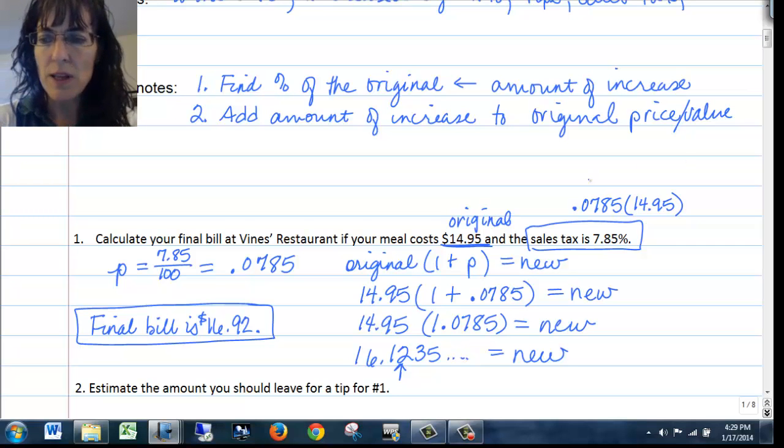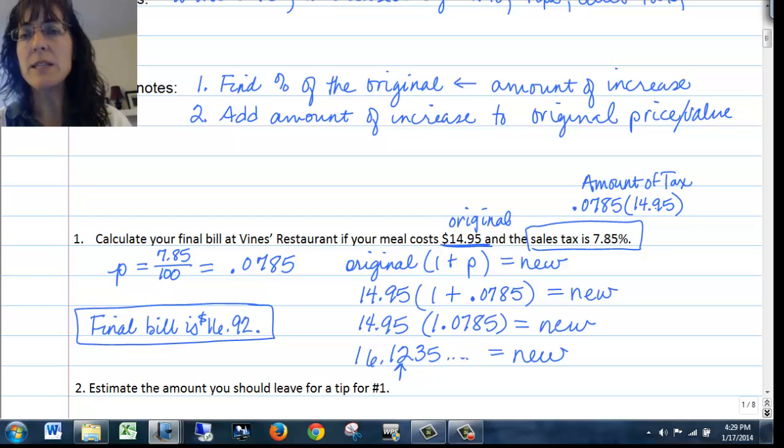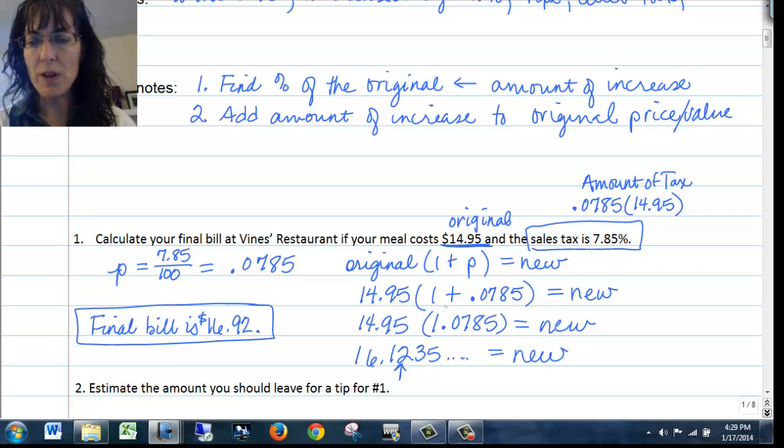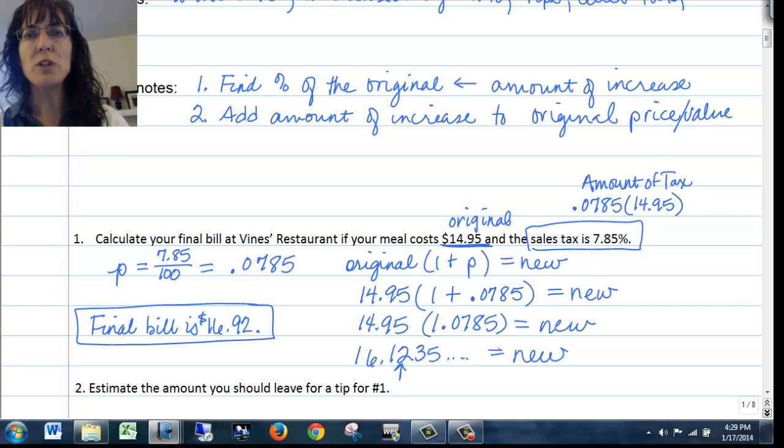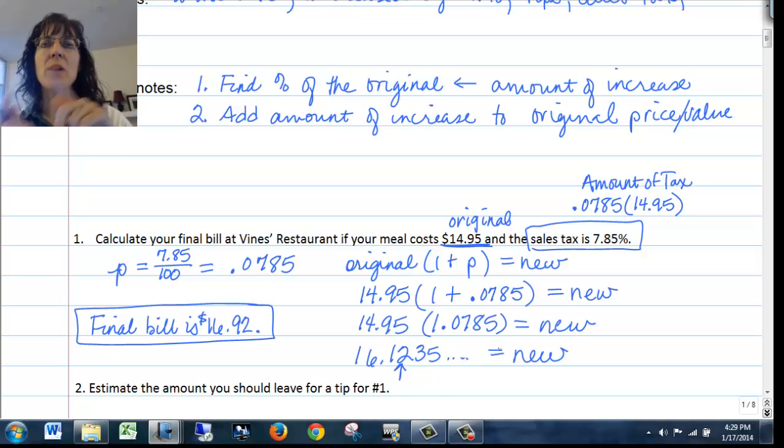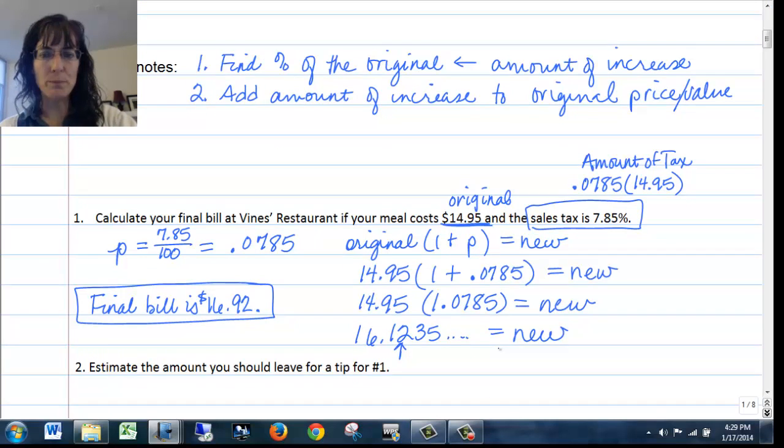So that would give me the amount of tax. And I didn't have that in my formula. It goes straight to the 1.0785, which includes the original amount and the tax together. So it just gives me my final value, which is very handy. It makes it a little bit quicker.